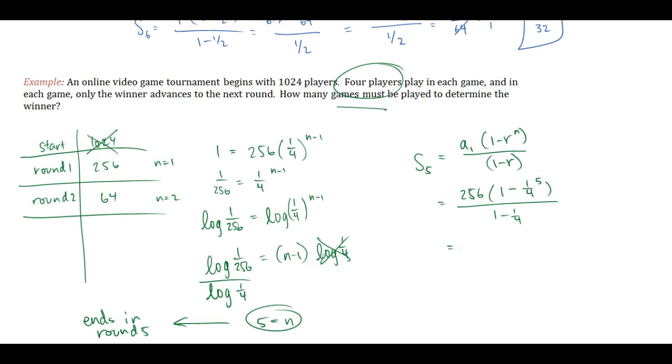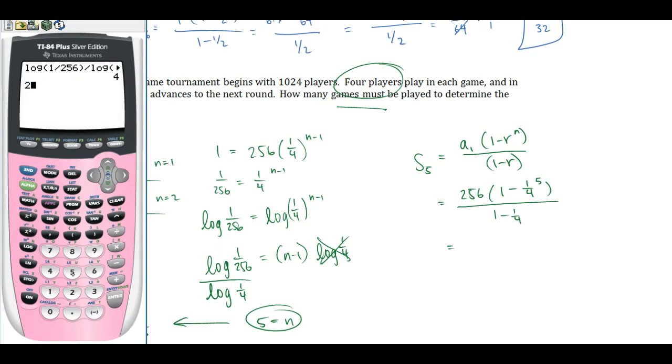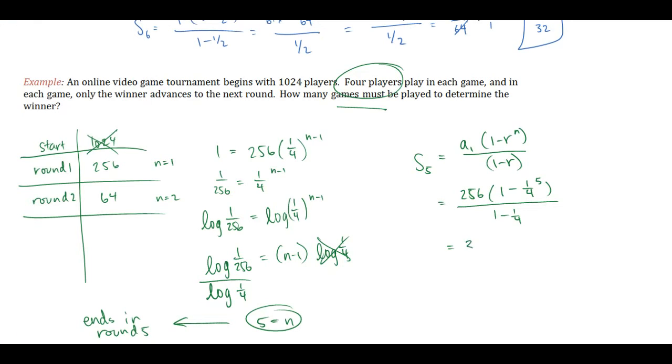So that looks to me like, yuck, 256, 1 minus 0.25 to the 5th, all of that over 0.75, and I get 341. So that means they play 341 games total. So that's how many games they would play, and if you add that up, you're good.